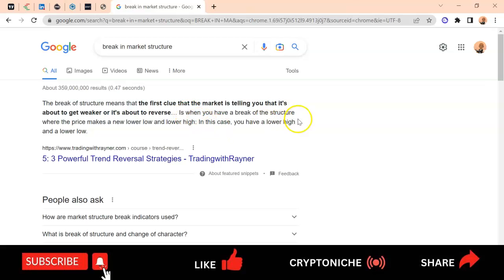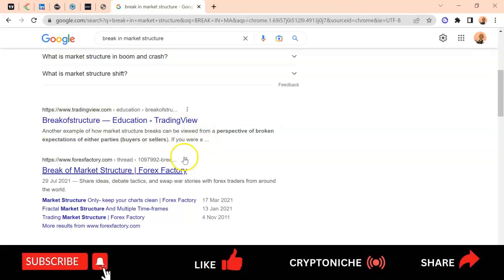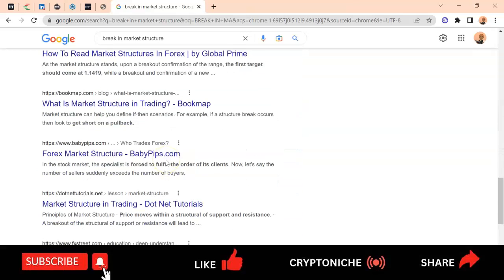So now I'm going to explain the concept of breaking structure to you using a live chat. That is basically the definition of breaking structure. Let me see if I can get more definition for you guys. Market structure can help you to define if-then scenarios.